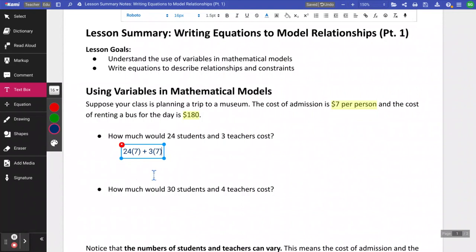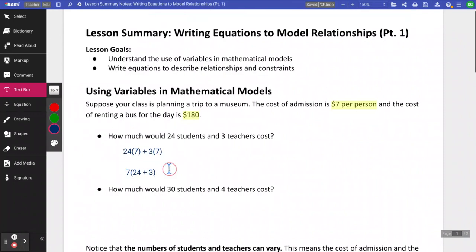You can think of it that way to get the total cost of the students and the teachers, or a different way to think of it is to figure out how many people you have in total and multiply that by the cost. So I know it costs $7, and I would want to multiply that $7 by how many total people there are. So there's 24 students and 3 teachers. So thinking of it instead as like 7 times 24 plus 3, or 7 times 27.